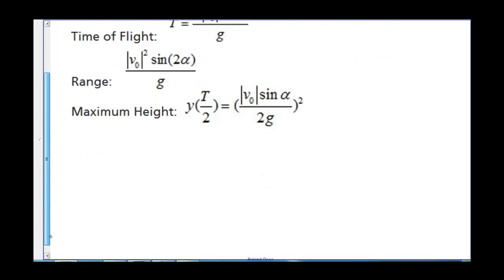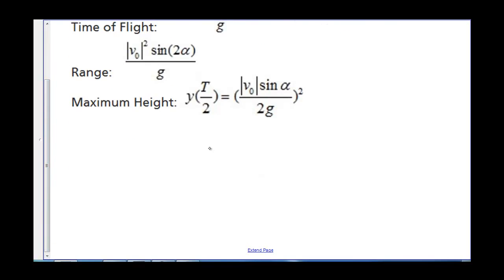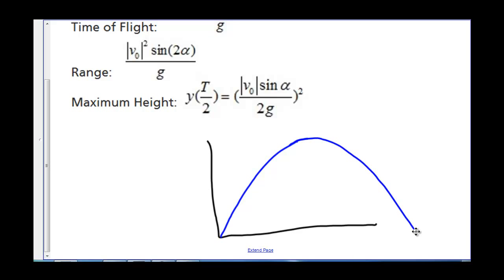So where do these come from? Well, let's say we have the graph of a trajectory. In a two-dimensional gravitational field, our trajectory is going to look like a parabola. At time equals 0, the velocity vector is tangent, so this is v naught.